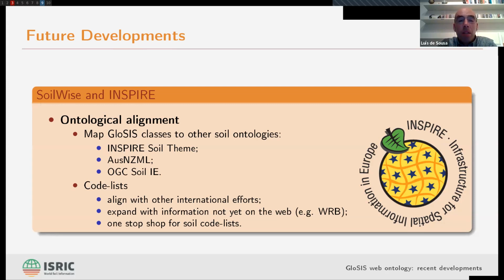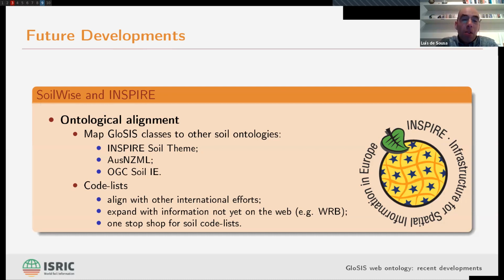And within this project, ISRIC and other partners that have been involved in GloSIS are trying to improve the ontological alignment between GloSIS and existing soil ontologies such as INSPIRE itself, but also the Australian, New Zealand model and the earlier OGC soil interchange experiment that took place in 2016.